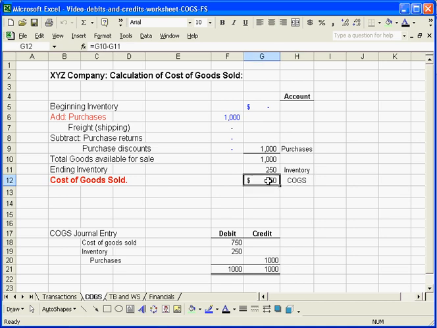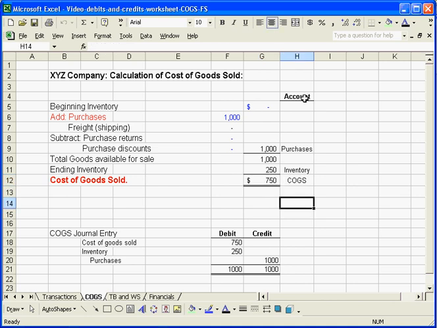That's how much it cost us to sell the inventory that we did. Of course, there are some other details related to that, and you looked at some of the inventory costing methods such as FIFO and LIFO. Hopefully we'll be able to include some video clips of these calculations as we go along. So for now, it costs us $750.